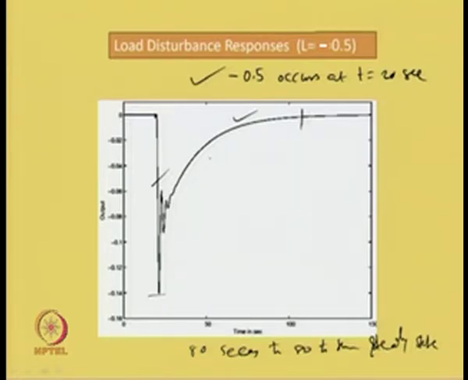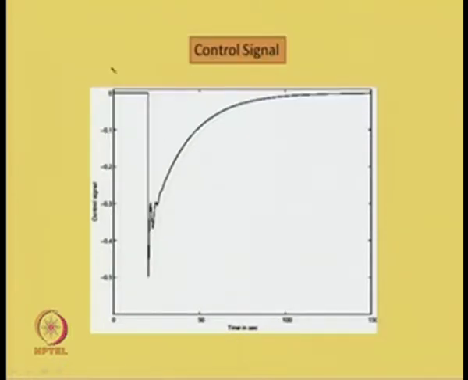of measurement noise. What type of control signal do we get? We get a control signal of this form. What information do we get from here? It shows that much control effort or energy is spent to give closed loop performance of the system.